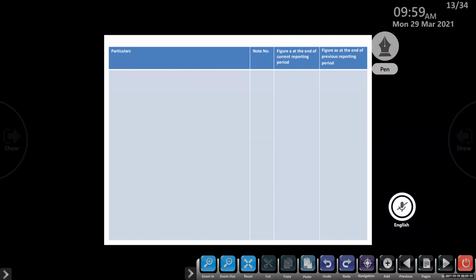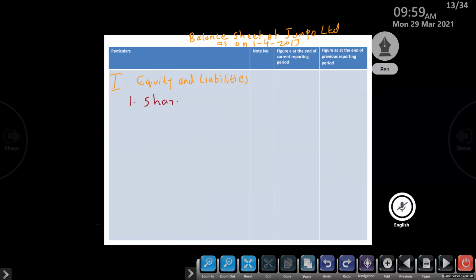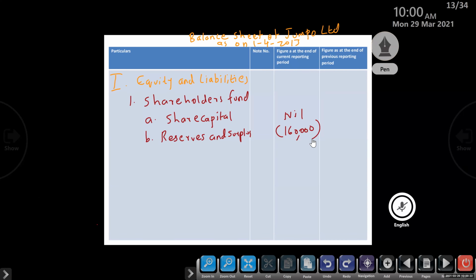Balance sheet of Jumbo Limited. Equity and liabilities. Shareholders' fund: share capital, reserves and surplus, 1,60,000.